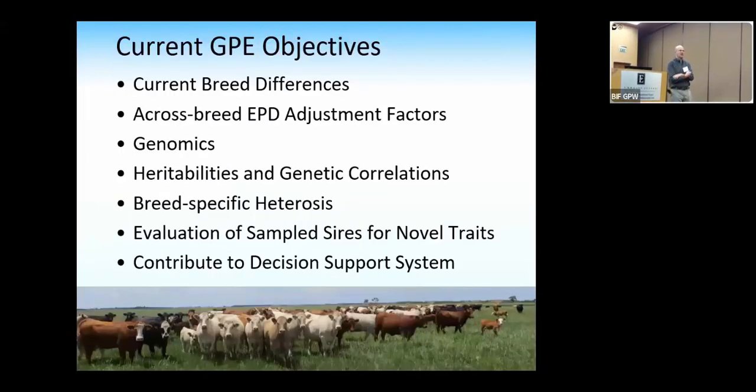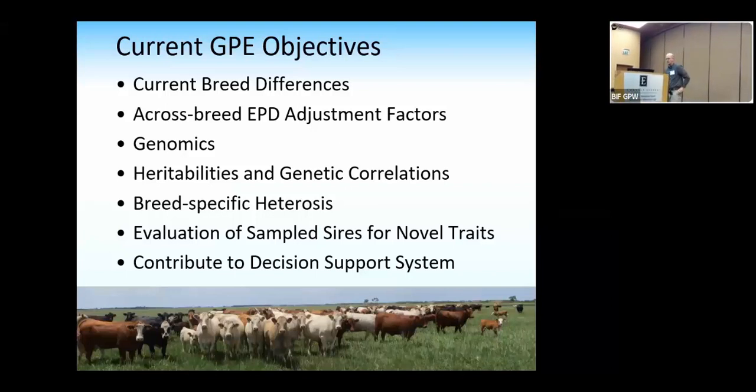And usually the objectives that we've always stated here, and these are the things we try to do in-house as much as we can: breed differences are big, and crossbreed EPD adjustment factors, and supplement our genomics program as much as we possibly can. It's a primary resource. Get genetic parameters, breed-specific heterosis, which, if you saw the poster last night that Bailey was speaking at, that's what that was on.